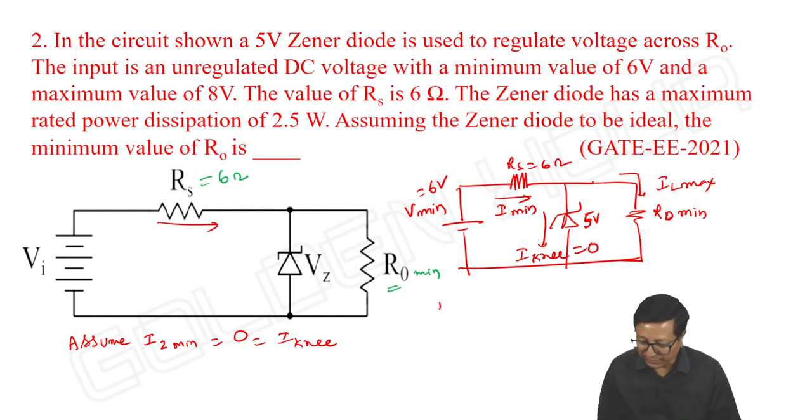Okay, so what is I minimum, friends? It is 6 minus 5, V input minus VZ by R. It is 1 by 6 amperes. I minimum.